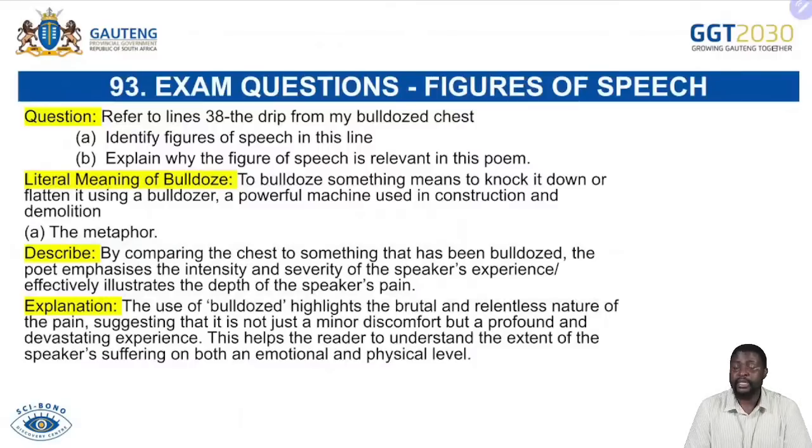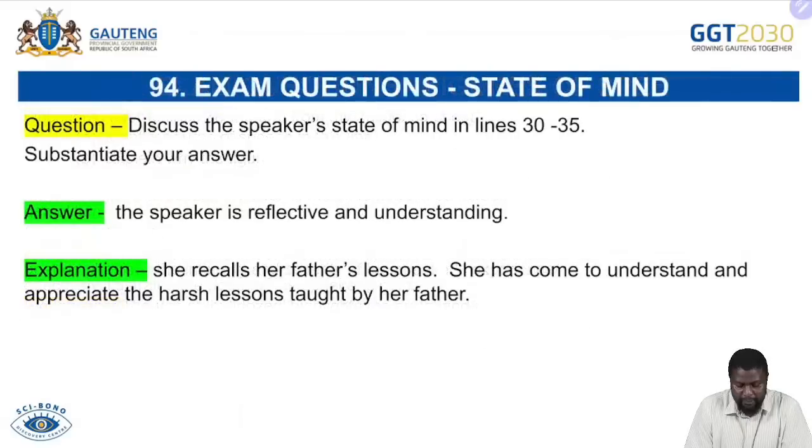To bulldoze something means to knock it down or flatten it using a bulldozer. Now, what is the figure of speech here? It is a metaphor. Why? Does it say the word like or as? The drip from my bulldozed chest. It makes emphasis to the what? The brutal and relentless nature of the pain, suggesting that it wasn't a minor discomfort. That is how the speaker felt in the story.